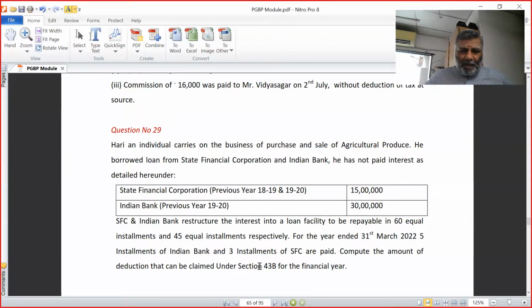Indian Bank, 30 lakhs. SFC and Indian Bank restructure the interest into a loan facility repayable in 60 equal installments and 45 equal installments respectively. For the year ended 31st March 22, 5 installments of Indian Bank and 3 installments of SFC are paid. Compute the amount of deduction that can be claimed.